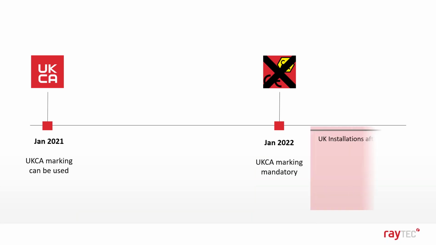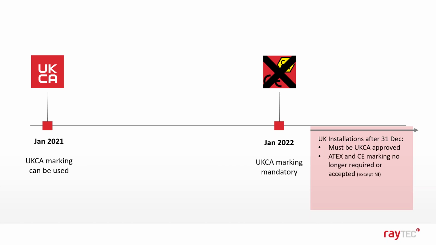After January 2022, CE and Raytec marks will no longer be accepted in the UK, and all products must be certified to UKCA. This applies in England, Scotland and Wales, with a separate requirement for Northern Ireland.